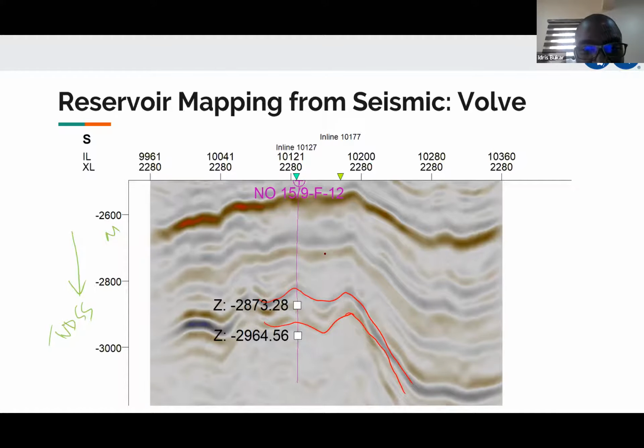Every reflector here, every reflection, is representing a boundary. A boundary does not have a thickness. It's a line, right? It's the bed that has a thickness. So if this is layer 1, layer 2, a boundary is effectively a line. But this is what seismic is telling us is representing that line.